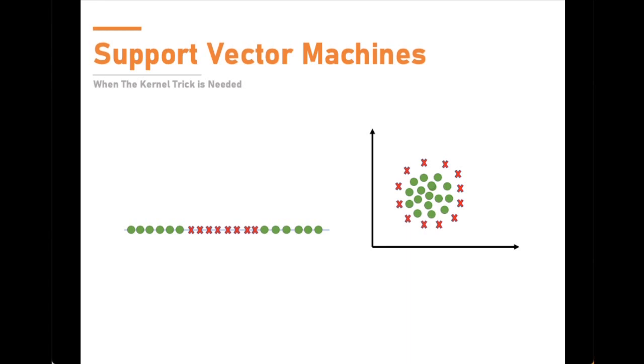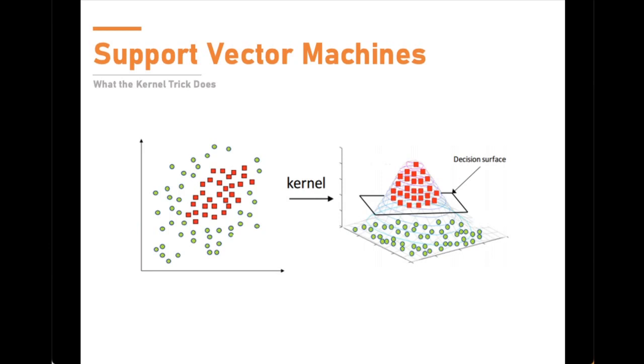So what we do is try converting this lower dimension space to a higher dimension space using the kernel trick. We convert this lower dimension space to a higher dimension space using some quadratic functions, which will allow us to find a decision boundary that clearly divides the data points.